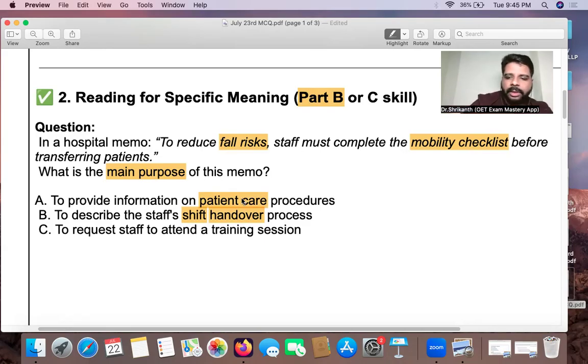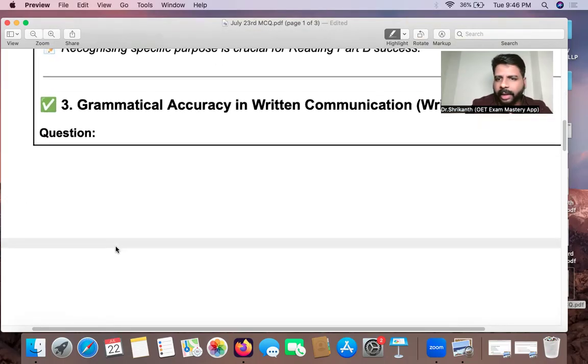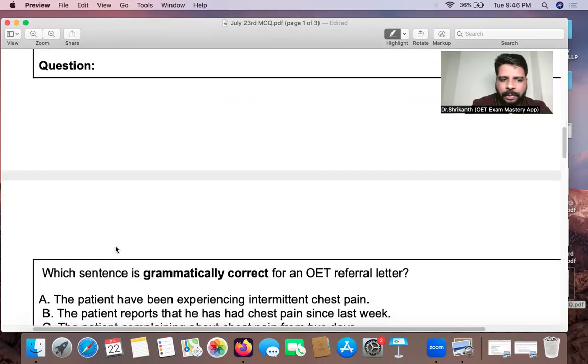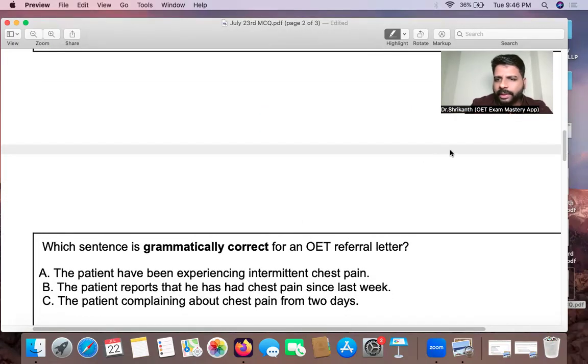All right, so now let's go to the third question. So this is grammatical accuracy in written communication. All right. So this is the question over here. The question over here is, which sentence is grammatically correct for an OET referral letter? Grammatically correct sentence.